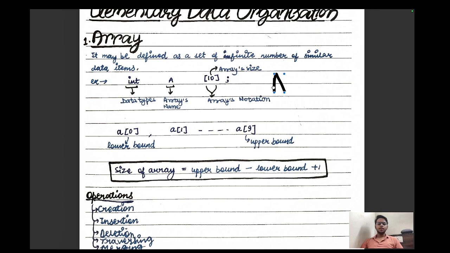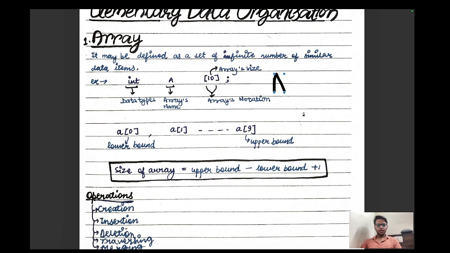And in square brackets we write the number which denotes the amount of space we require in this array to store the elements. Correct. And if we have an array whose name is A and we have a size of 8, then it means that we need a space of 0 to 7 in the main memory to store this array.